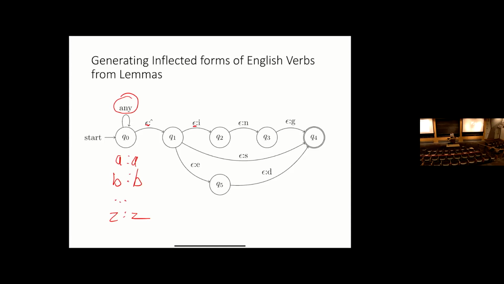So I'll take any sequence of symbols and map them to either morpheme boundary followed by ING or S or ED. Okay. So if we give it as an input the made up word squig, what would the output be?